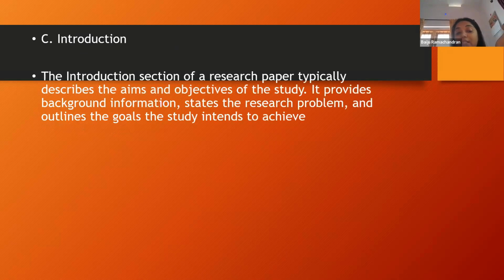So the answer is introduction. Introduction is the section in a research paper that typically describes the aims and objective of the study. It provides the background information, helps us understand the problem, and outlines the goals that are needed to be achieved. Okay, so introduction is the section.